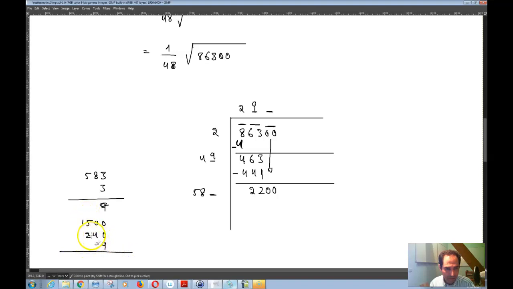So that's 1749, right? Otherwise, if you go for 584 times 4, you get 2000 there. You get 320 there, so it's already above 2200, so you need to go with this one. So a 3 over here and a 3 over here. So 3 times 583 is equal to 1749.